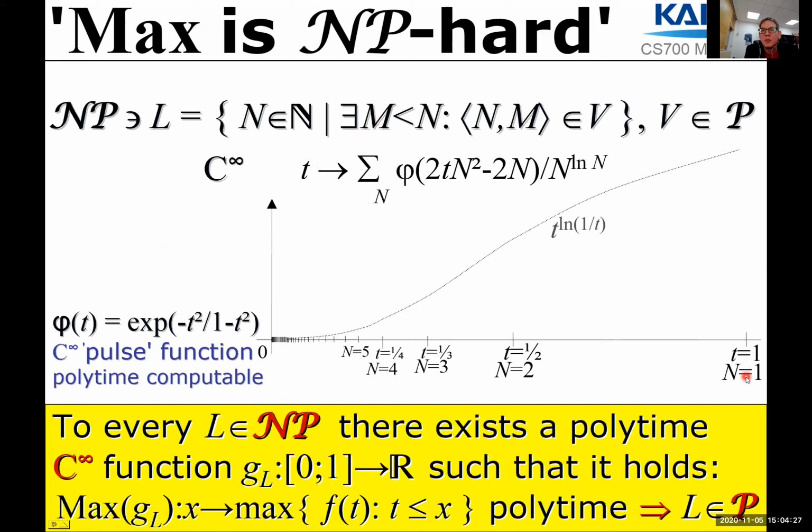So here, when n is 1, there's only one possible witness, namely 0. So we don't need to subdivide here. But here there are two possible witnesses, 0 and 1, capital M can be 0, 1. So here we need to subdivide into 2 parts. Here we need to subdivide into 3 parts, 4 parts, 5 parts, and so on.